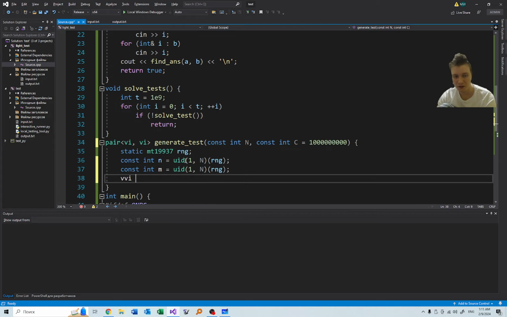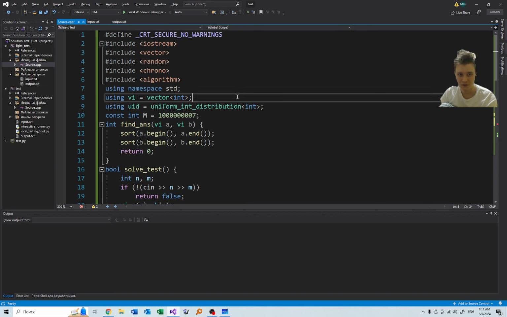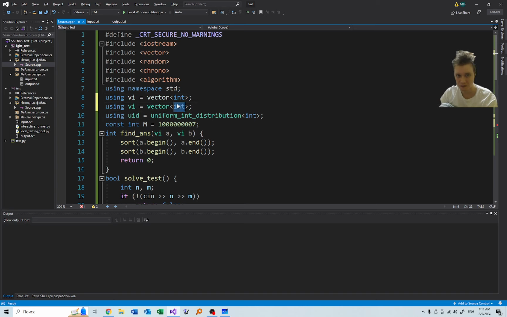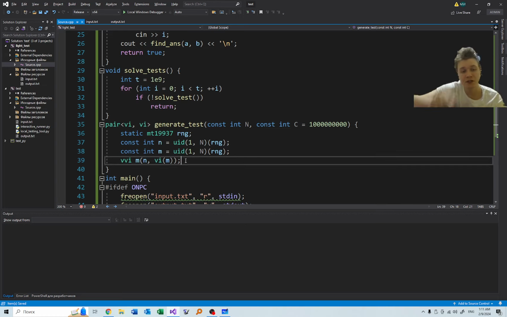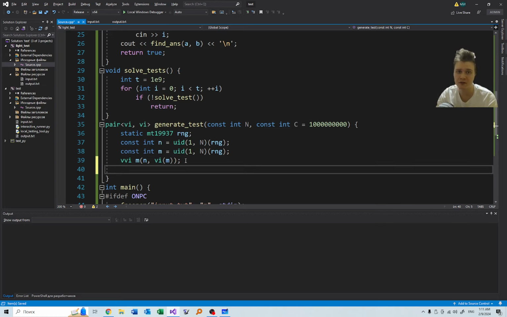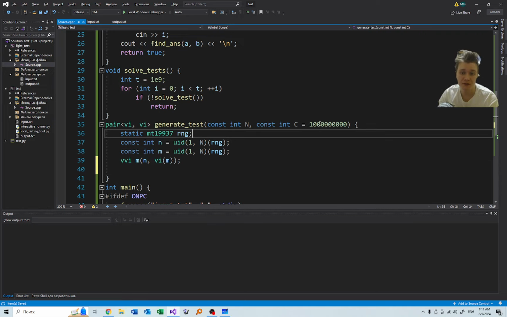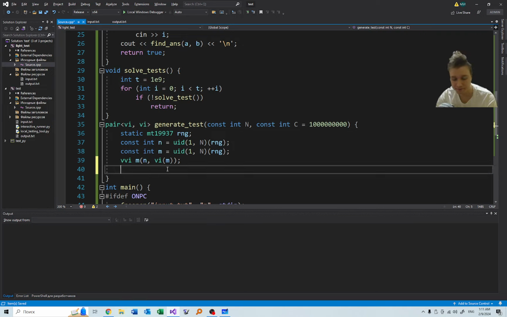Let's create VVI matrix n by m. I will only create tests for which the answer exists, because otherwise it will always be 0 for this number, and I don't really like it.